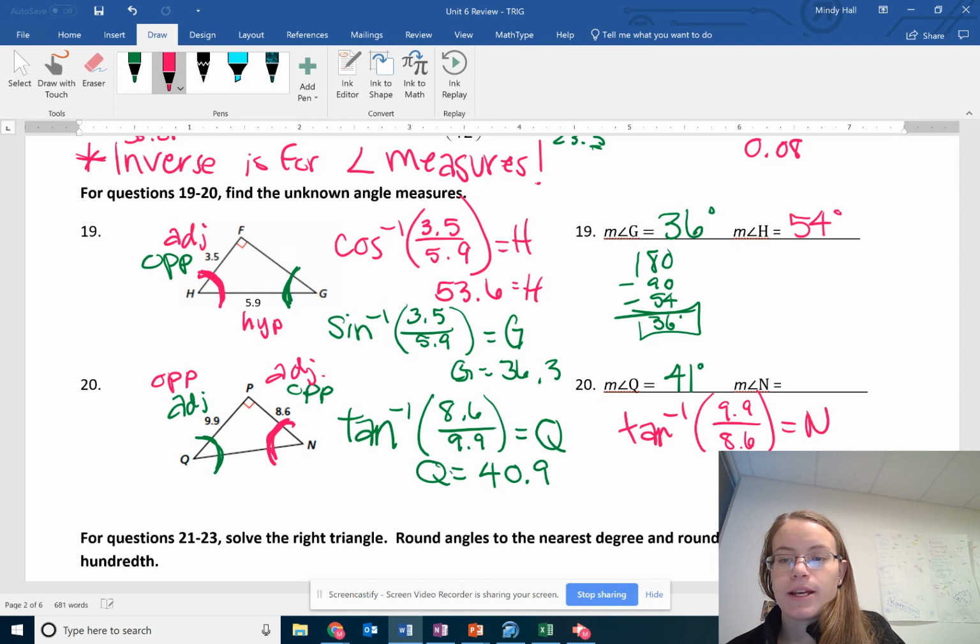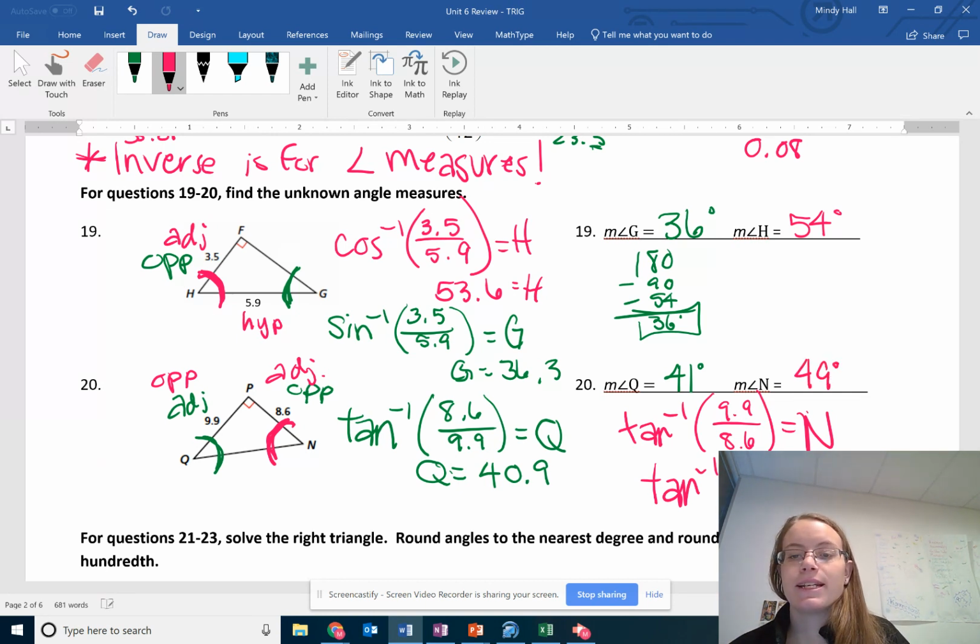And that's going to equal N. So then inverse tangent of 9.9 divided by 8.6 is 49.0. So because it's 49.0, it's just going to be 49 degrees. And again, you could have also just subtracted from 180 and done 180 minus 90 minus 41 to get 49.